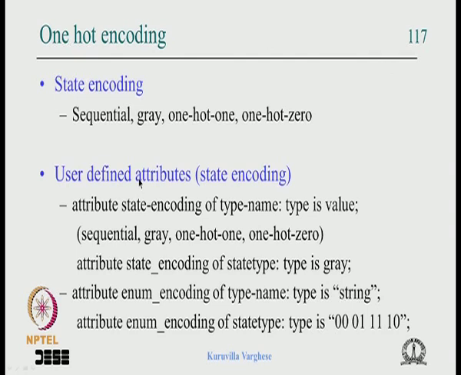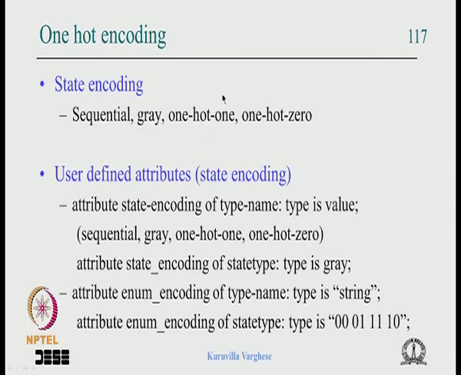So this can be controlled using some kind of attribute in VHDL code. You can have a state encoding like sequential, which is binary, like state 0 will have 00, state 1 is 01, and gray is a gray code, and there is one hot 1 and one hot 0, which is a single flip flop for a particular state.